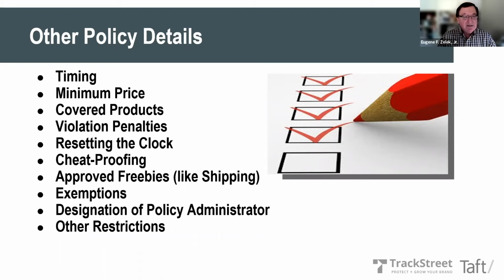That means if you're a reseller and you're coming up at the end of an 18-month period, you violate the heck out of the policy because you know in 2 weeks all violations will be forgiven. We think resetting the clock is a dumb thing to put into the policy. That having been said, if a manufacturer wants to declare an amnesty period or wipe the slate clean, it can do so, but I never would put that in the policy.